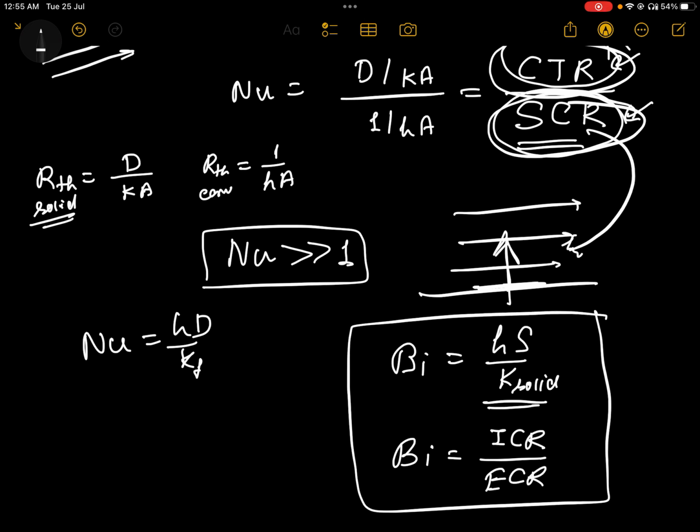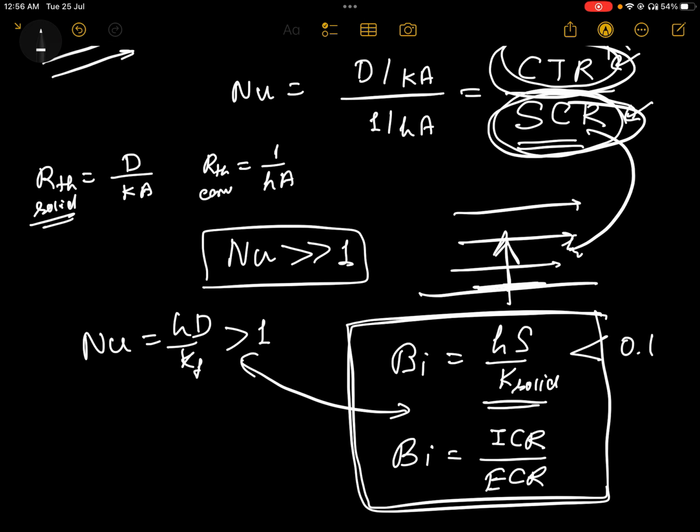So be smart here, don't be confused between Biot number and Nusselt number. There is not any relation. Fine. And we know that Nusselt number is usually greater than 1, and for the lumped heat analysis, the Biot number is taken as less than 0.1. I will discuss further.